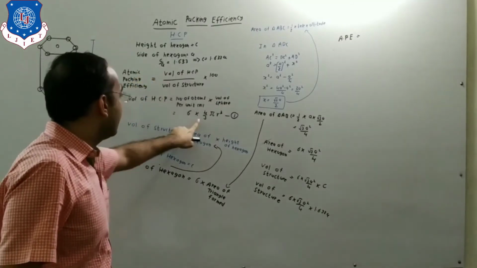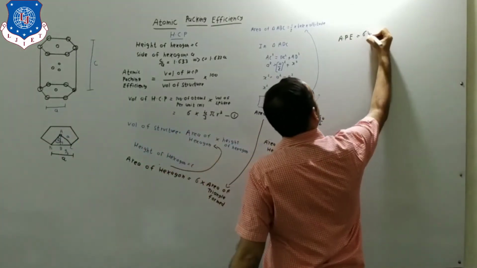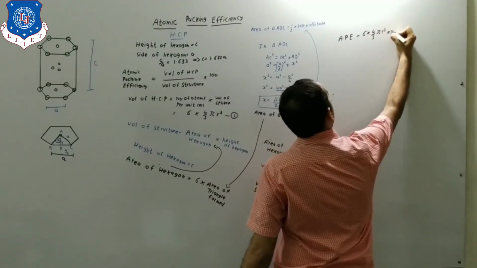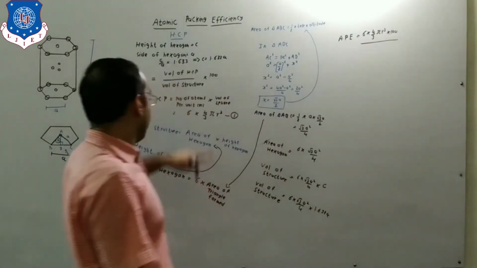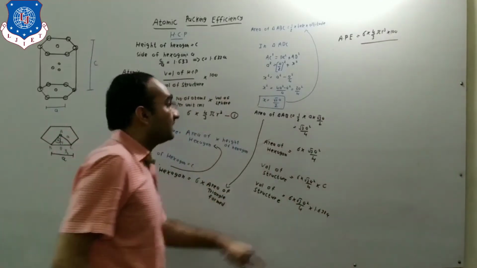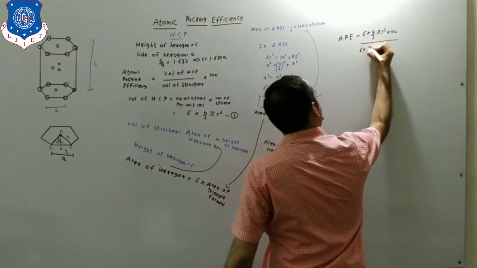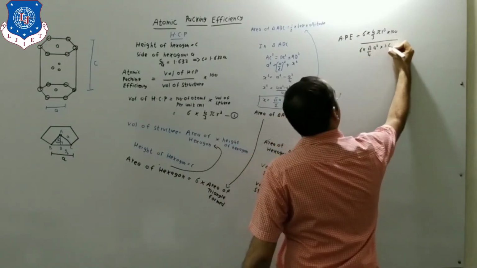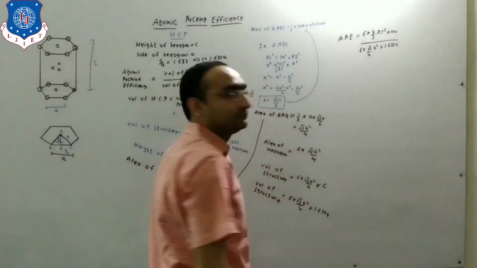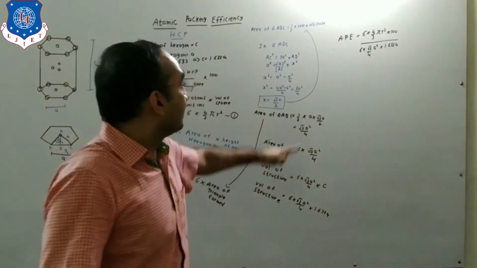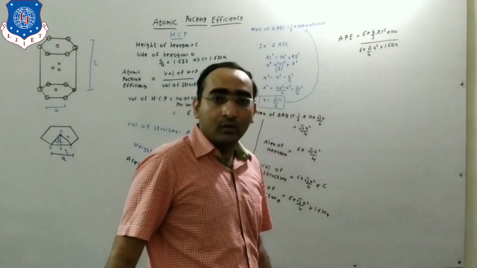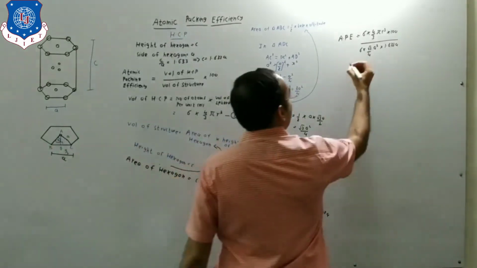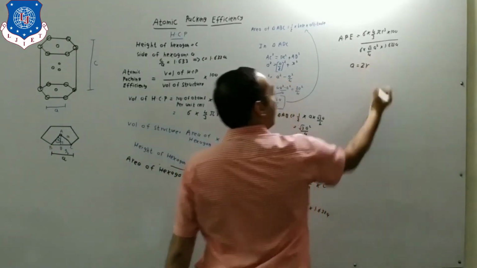What is the volume of HCP? 6 multiplied by 4 by 3 pi r cube, multiplied by 100, divided by what we have found out as the volume of the structure, that is 6 multiplied by root 3 by 4 a square multiplied by 1.633a. But you can see that there is a and r over here, so that is an imbalance, so we have to make it as one. So a is equal to 2r.